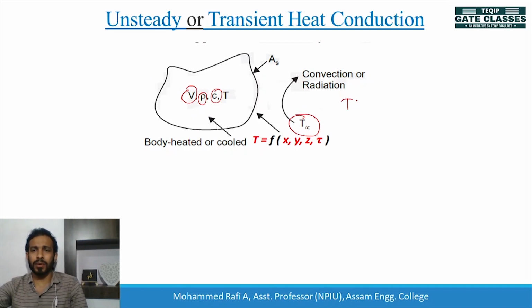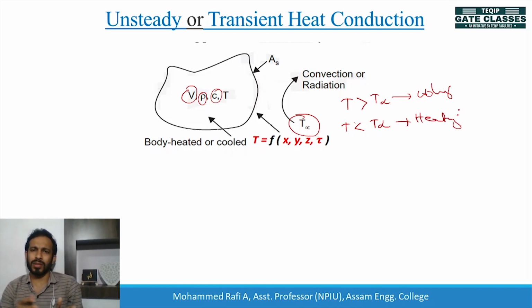In some cases T will be greater than T infinity, so a cooling process will take place, with heat flowing from the body to the surroundings. Or if T is less than T infinity, then the body will be getting heated up. Heating or cooling, only the direction of heat transfer is different, but the rest of the equations and governing conditions will be the same.